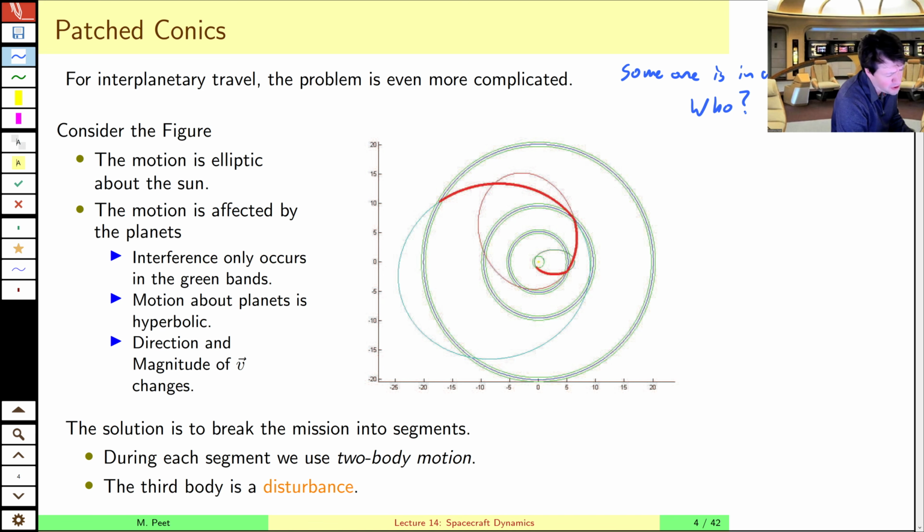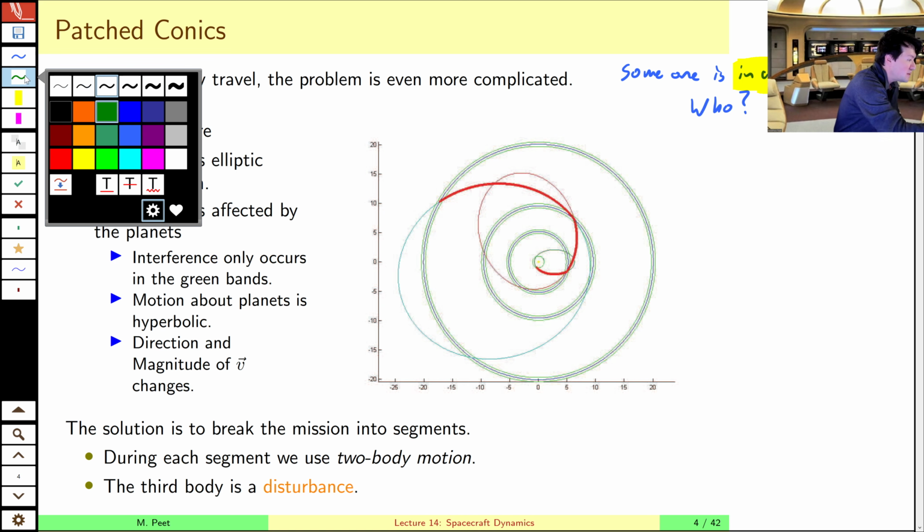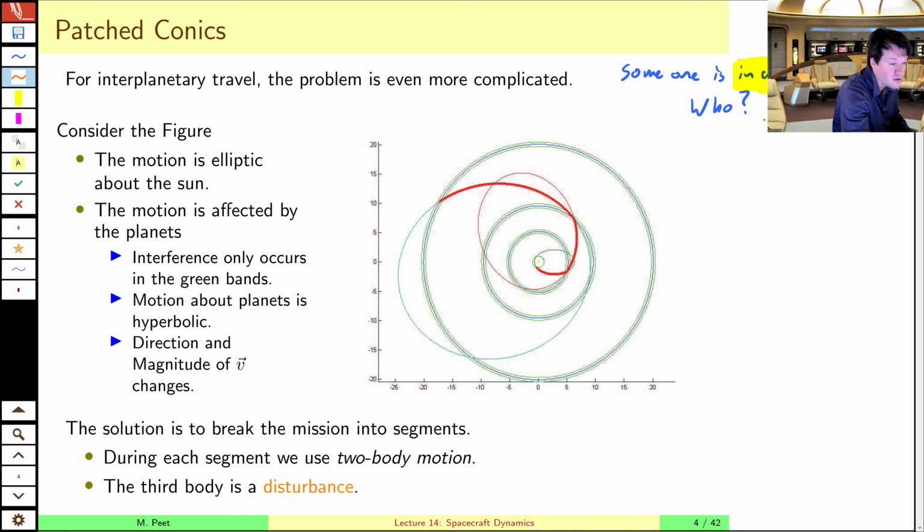What do we mean by in charge? Well, that's an interesting question. What I mean by in charge here is that the motion about that body is approximately like two-body motion.